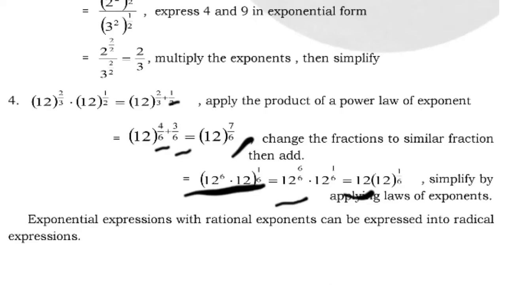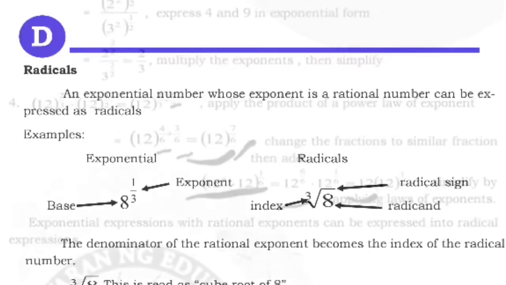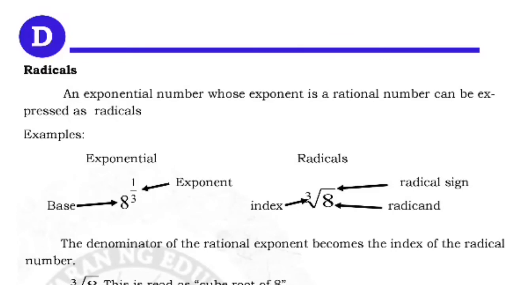Here we simplify by applying the laws of exponents. Exponential expressions with rational exponents can be expressed as radical expressions. So this is the reverse. An exponential number whose exponent is a rational number can be expressed as a radical.